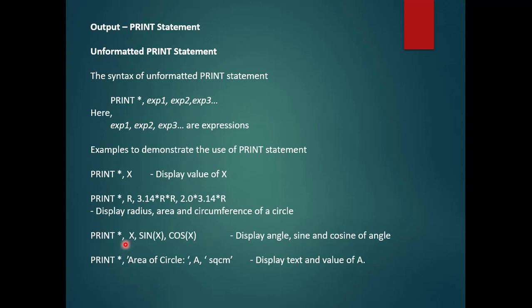Then you have print x, sin x and cos x, then area of circle in square centimeter, and this is how you will get it. So this is how the unformatted print statement is to be utilized here, and in this video we have seen the unformatted read statement, unformatted write statement, and unformatted print statement.